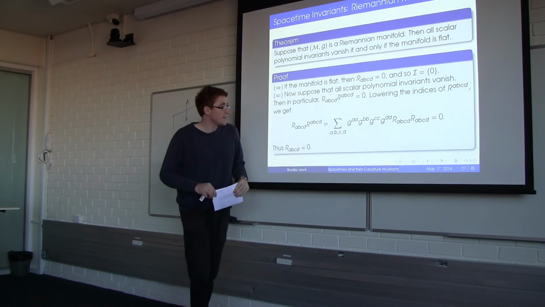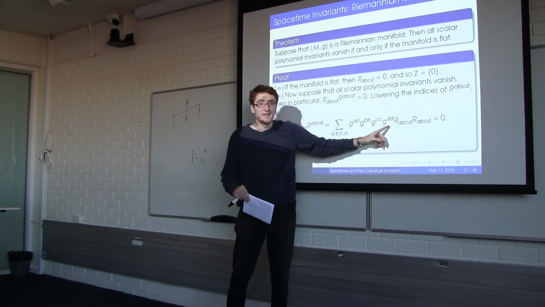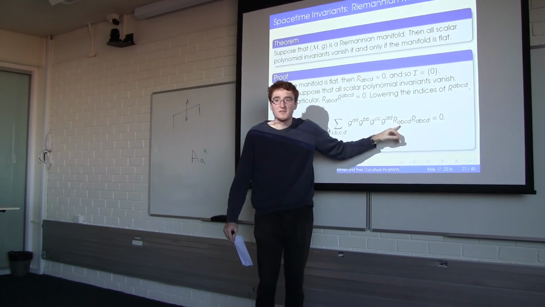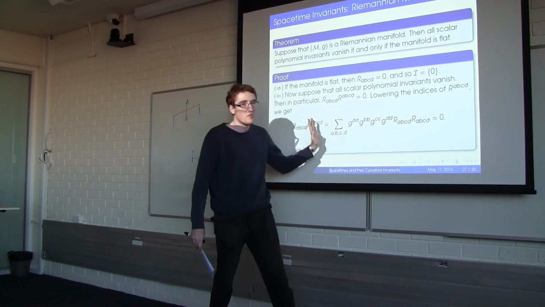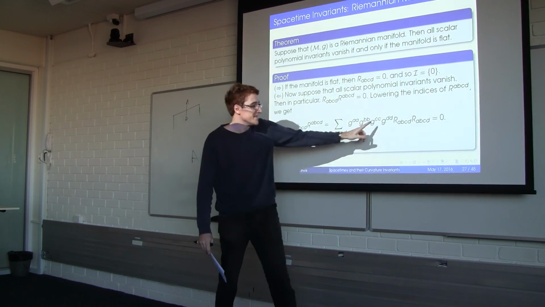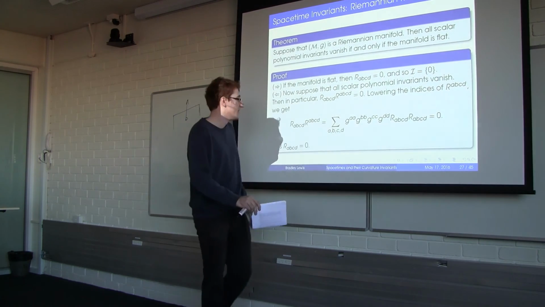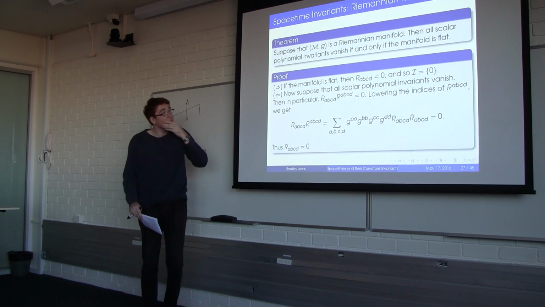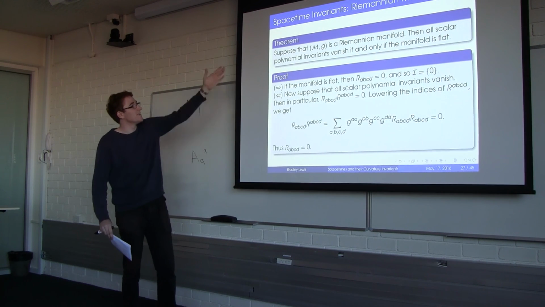And since (M, g) is Riemannian, all of these quantities are positive because it's diagonal. These are real, so the square of them is positive. And so now we have the sum of a whole bunch of positive numbers being 0. And that means that this quantity here must be 0 because these are non-zero. And so by extension, that says that R is 0.